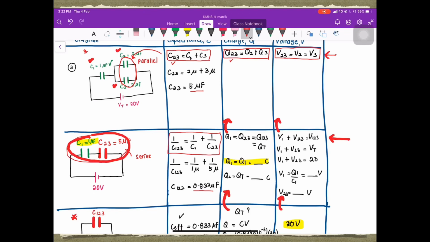Okay, so Q23 equal to Q2 plus Q3, because we refer to this combination. Right?